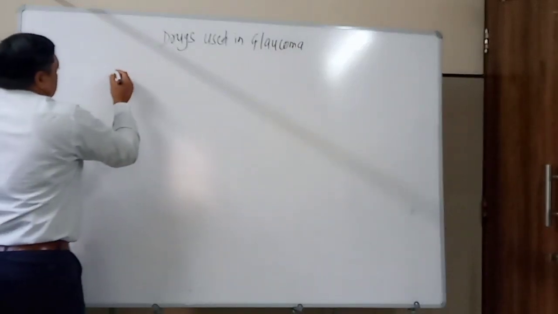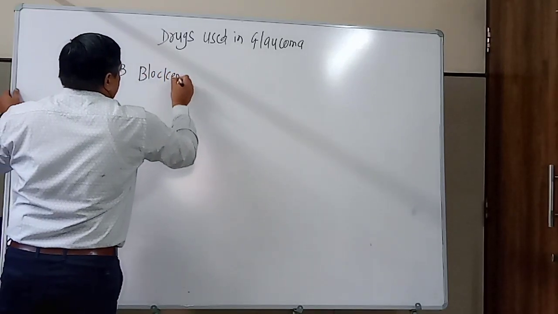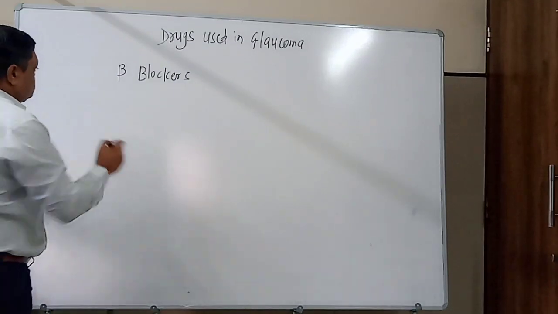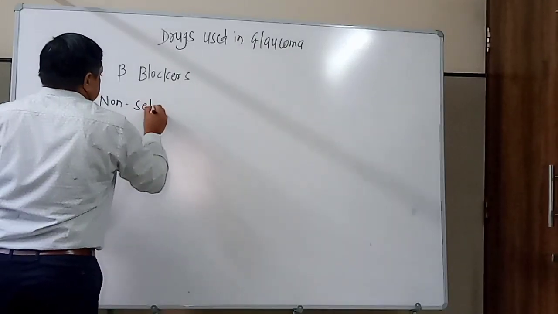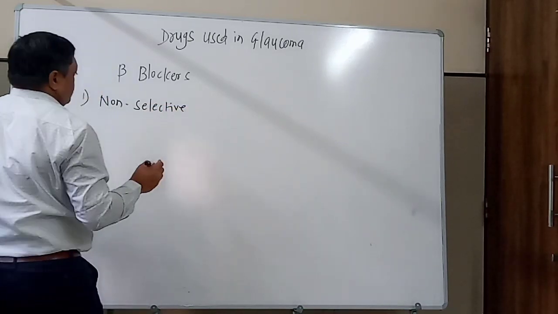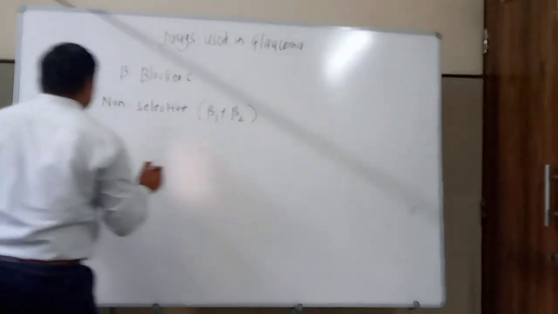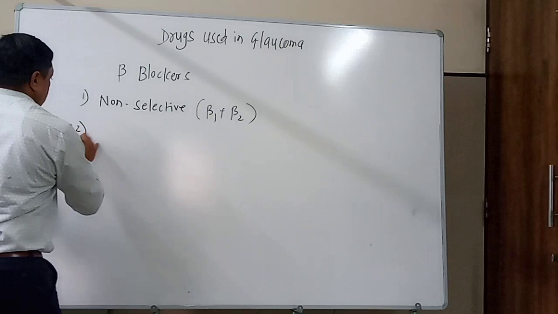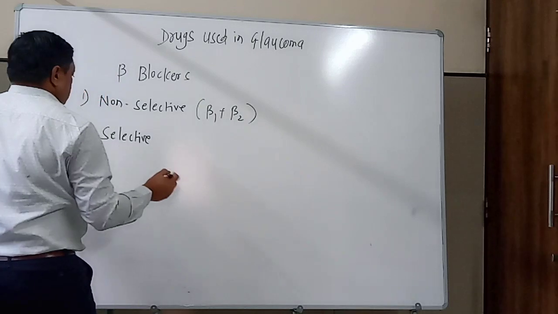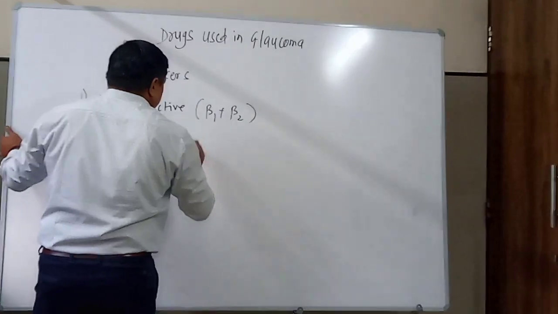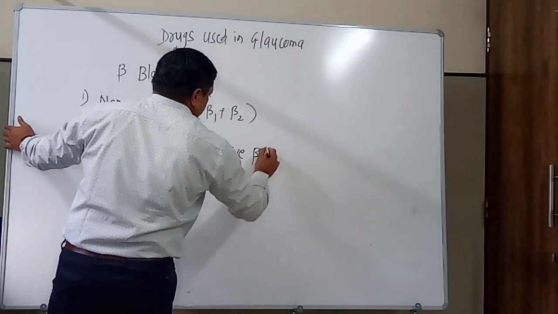First is beta blockers. There are two types: non-selective, acting on beta 1 plus beta 2, and selective, also called cardioselective, acting on beta 1.